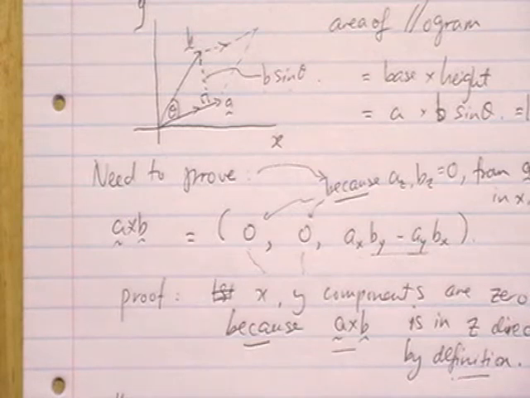Now we can see that the same proof can be used for the cases when A and B are in, say, the yz plane, and when A and B are in the xz plane. Right? If we think about these three planes.